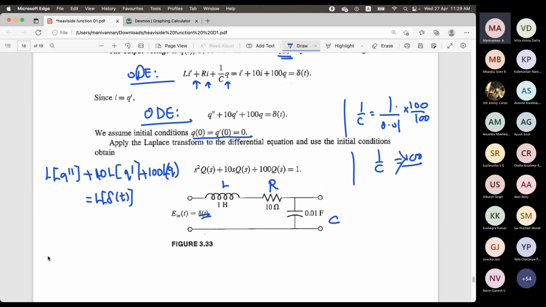So q double dash means s square Q of s, maybe with the biggest letter you may write.